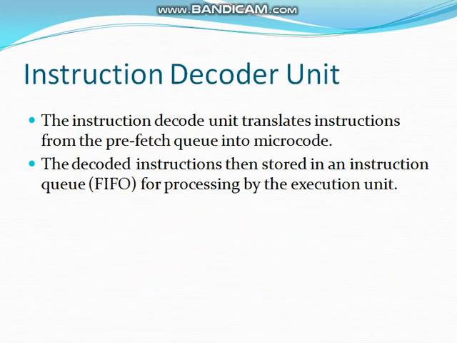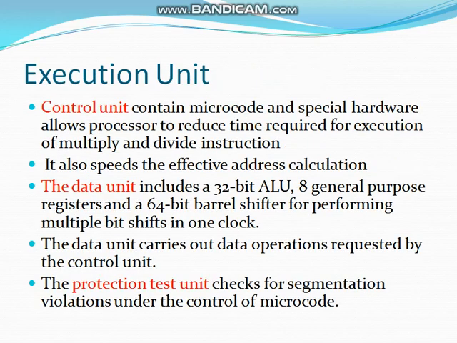Then next is the instruction decoder unit. The instruction decoder translates the instruction from the prefetch queue into a small program, and the decoded instruction is then stored into the instruction queue using FIFO for pre-processing by the execution unit.